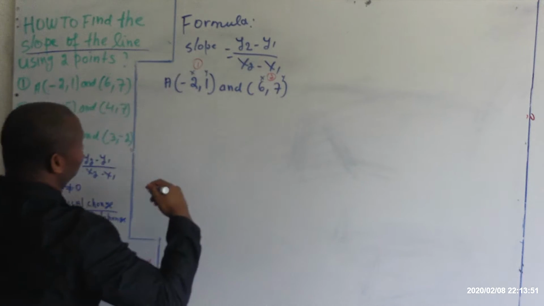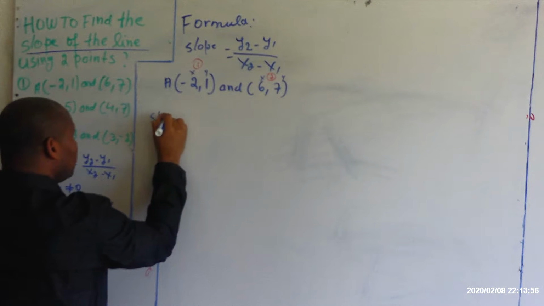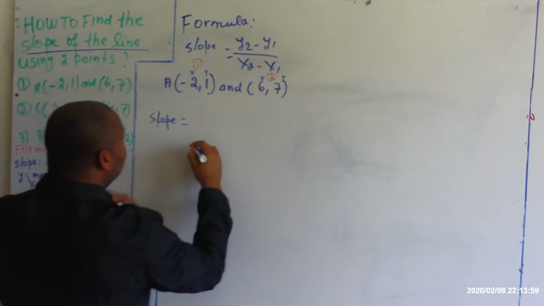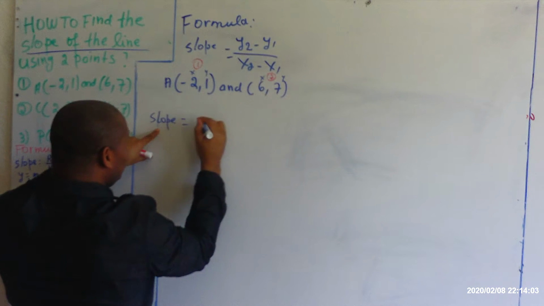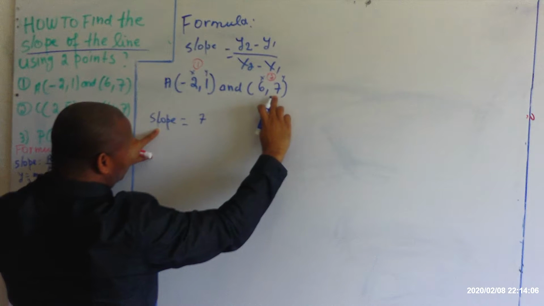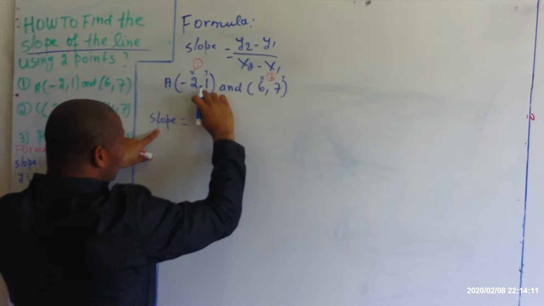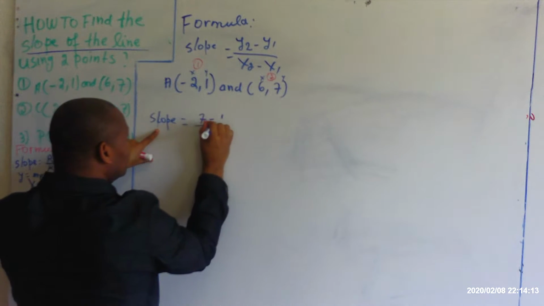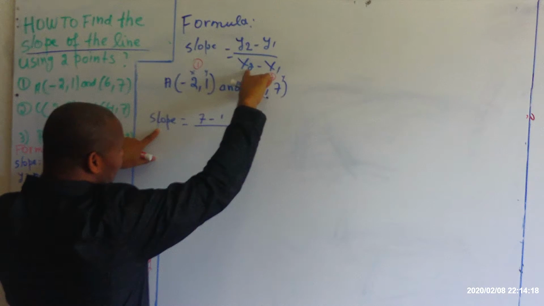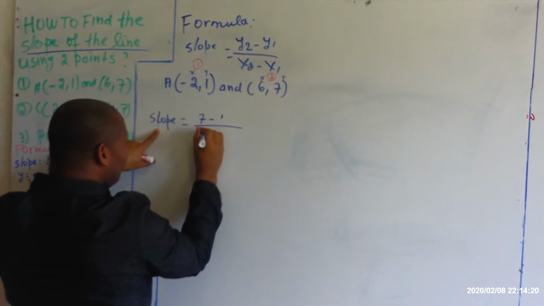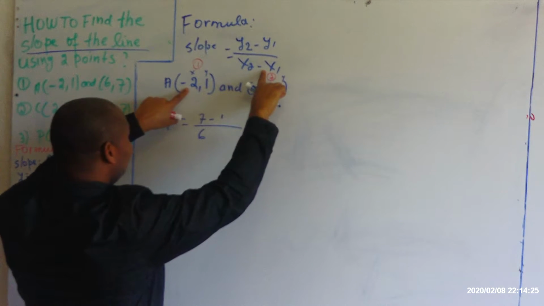Okay, let's start. So write the slope. The formula: y2 is 7, just write 7, minus y1 is 1. x2 is 6, minus x1 is negative 2.